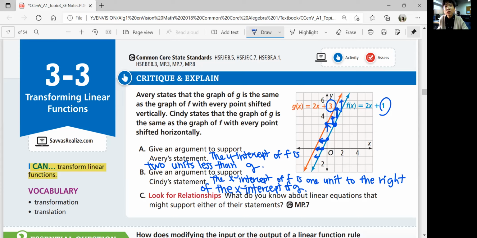Yeah. So you can say equivalent linear expressions can be written in different ways.